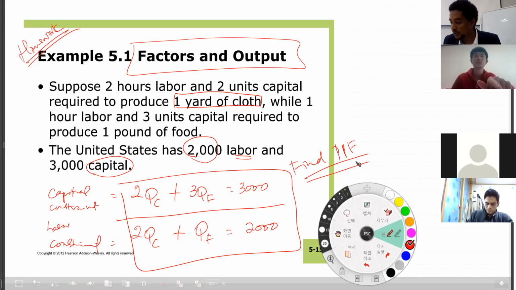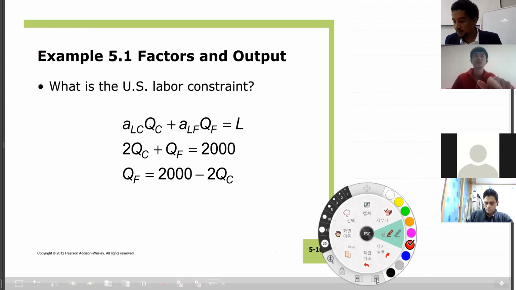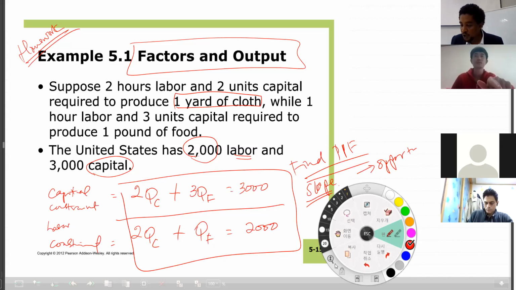You can compute the slope, and you can compute the opportunity cost from the slope. So it's not that difficult. So this is the equation. You use this to compute the capital constraint and labor constraint.